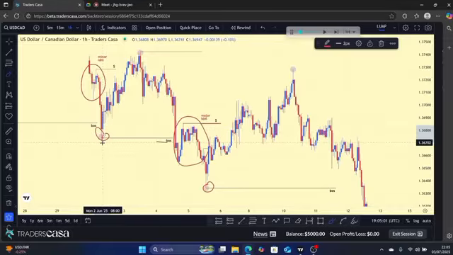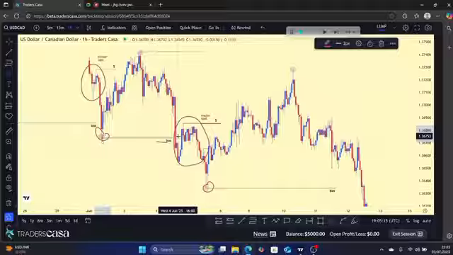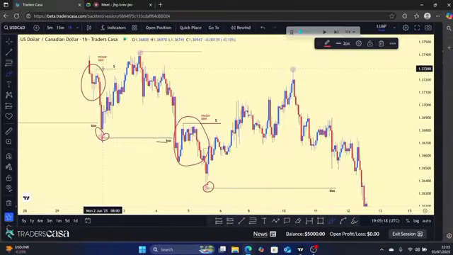But when the pullback is formed, you can see this pullback is formed before the break of structure, but this one here is formed after the break of structure. So this buy side liquidity of the recent valid pullback high is what we call the minor inducement, and the buy side liquidity of the valid pullback that is formed after the break of structure, as long as it's the recent one, that's major inducement.